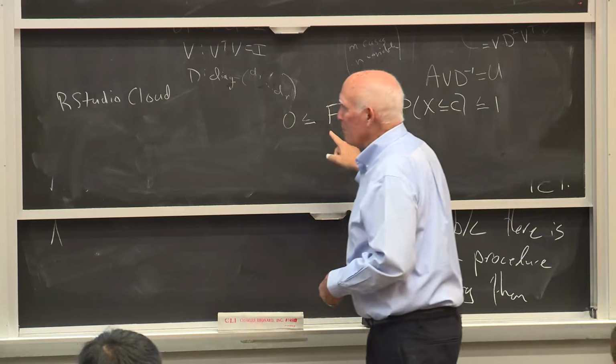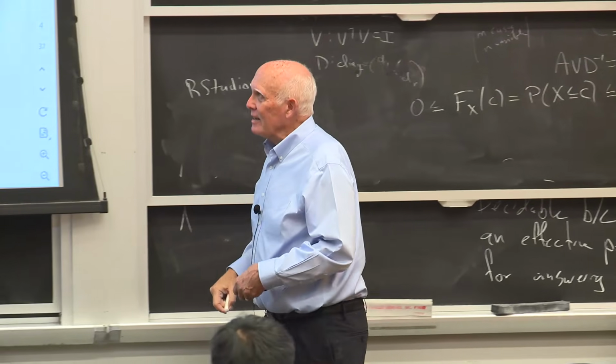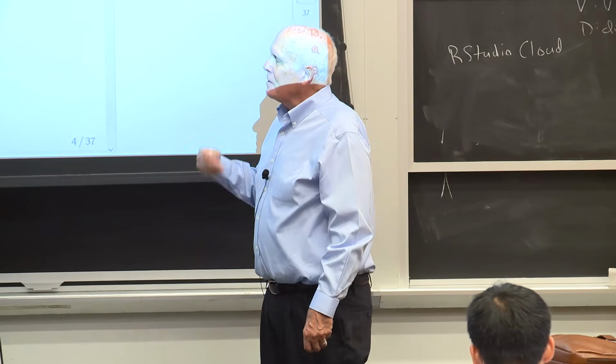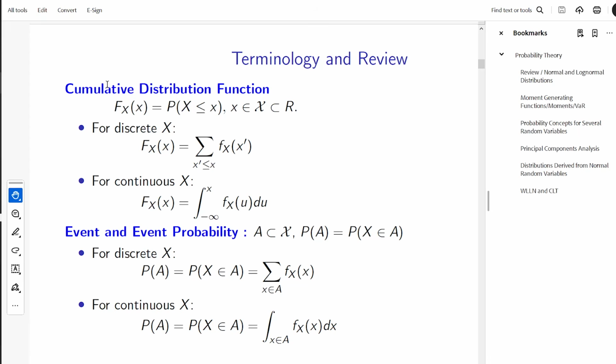And it will be monotone increasing in c. And distributions will be uniquely specified by specifying their cumulative distribution function. So these are very simple concepts.